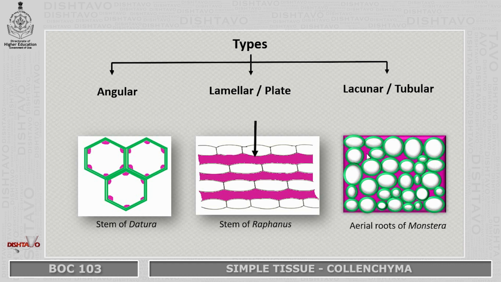Here the tissue has intercellular spaces, and the thickening is restricted to the cell wall exposed to these intercellular spaces, which are also referred to as lacunae. Hence the name lacunar or tubular collenchyma, and this type you will see in the aerial roots of Monstera. Here you can see the thickenings at the intercellular spaces.